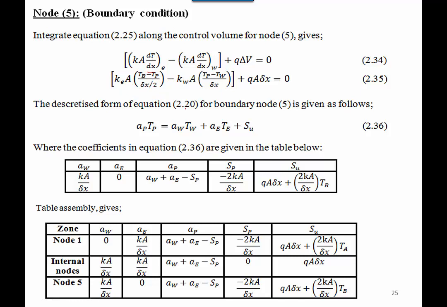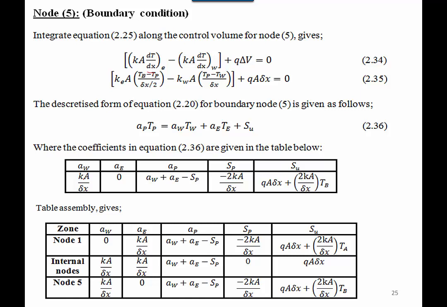Therefore the general discretization equation for control volume number 5 will be written as shown in equation 2.36, and A west will be equal to, as shown in this table, K A over delta x, and there is no A east, it will equal 0, and the same goes for A point.